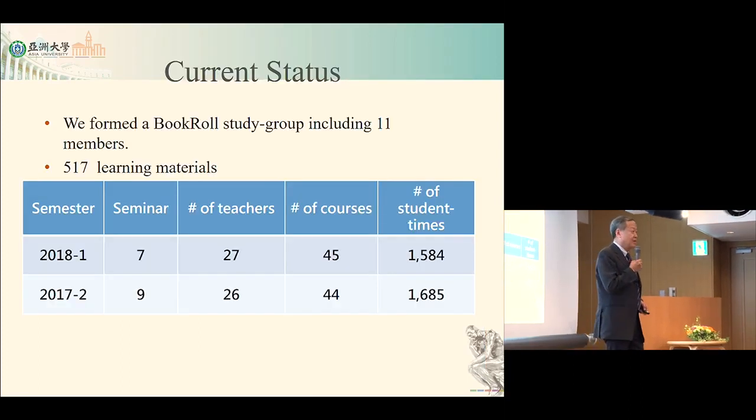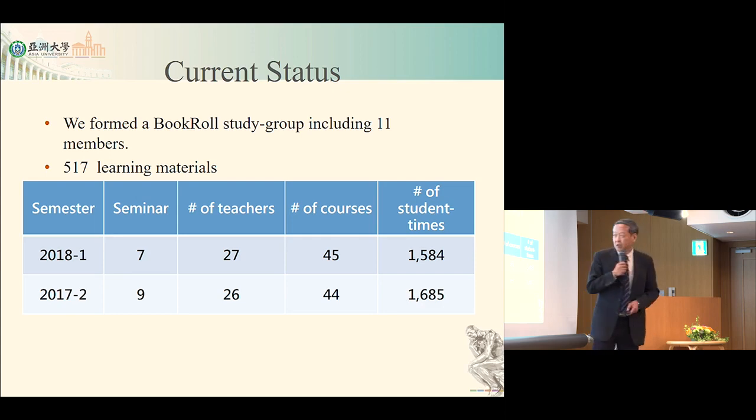Now, let's take a look at the current status of BookRoll application. Up to now, we have formed a study group of BookRoll, including 11 faculty members and some student members. And up to now, we have collected 517 learning materials.